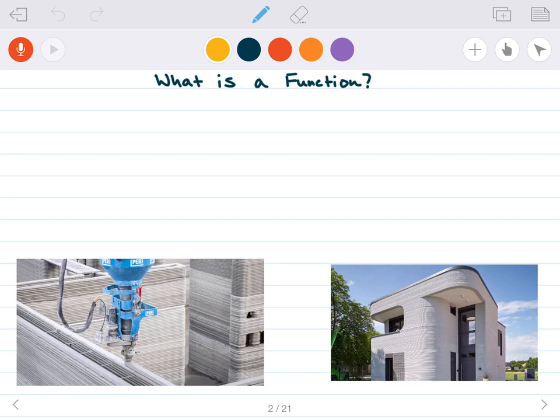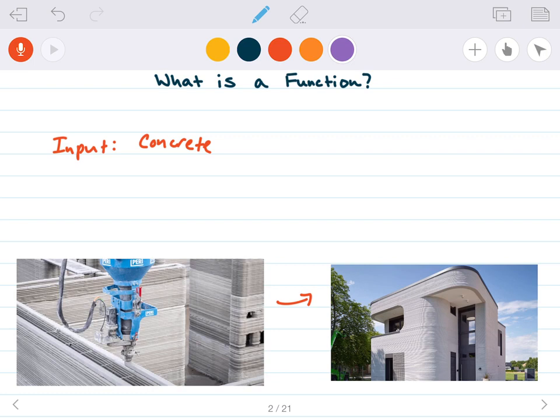And the machine reads the blueprint and makes something like this, a house, okay? So in this example, our input is the concrete, right? We're taking this thing and we're shaping it based on some rule.